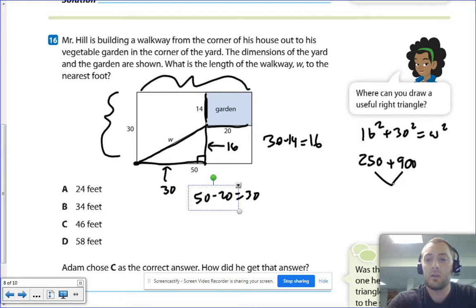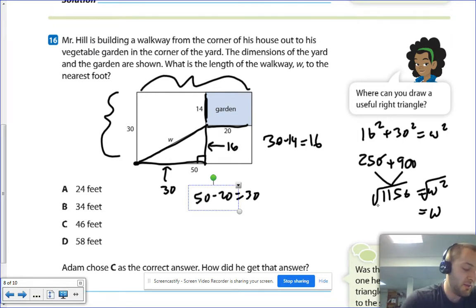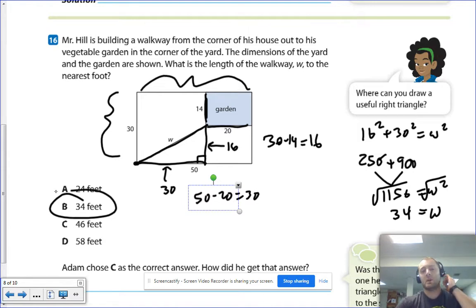Add those two together, 256 and 900, and you get 1156. And remember, the last step would be to square root to get the W by itself. No more squared. So the square root of 1156 is an exact 34. And here we go. W is 34 feet. How awesome is that?